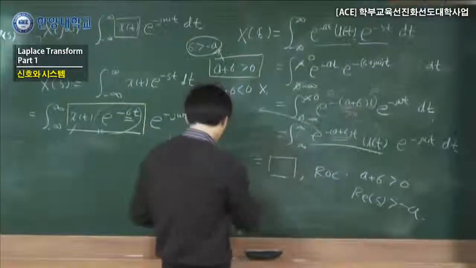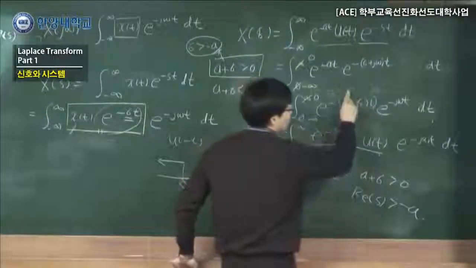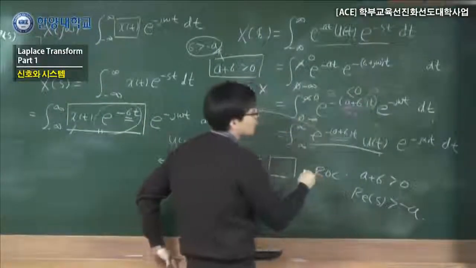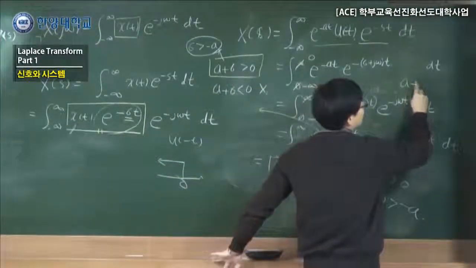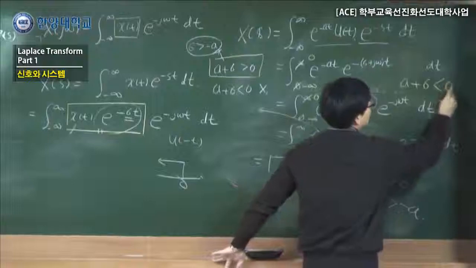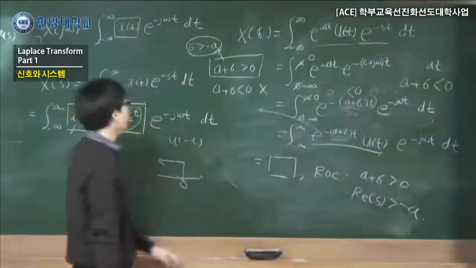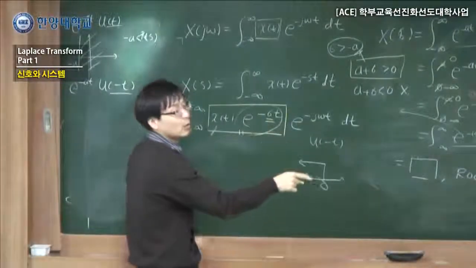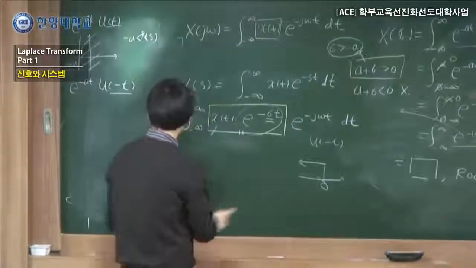So now we want to have negative a plus delta, which is a plus delta, smaller than a certain value, meaning that delta is smaller than minus a.